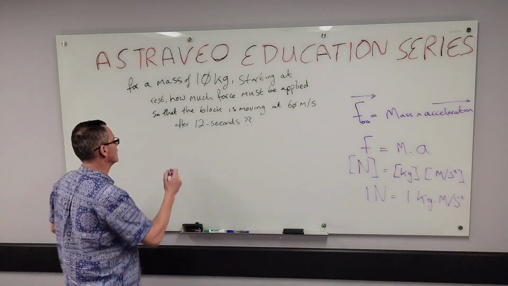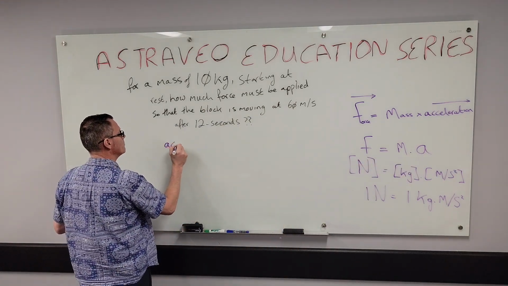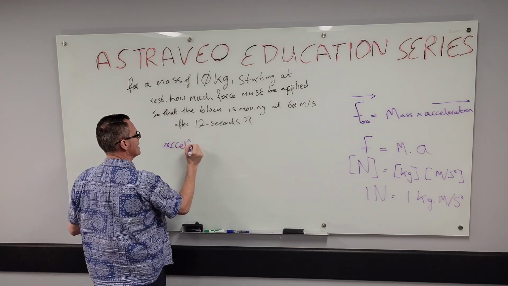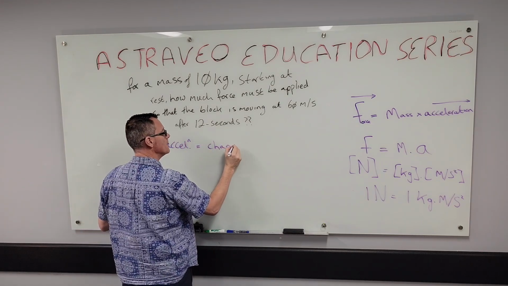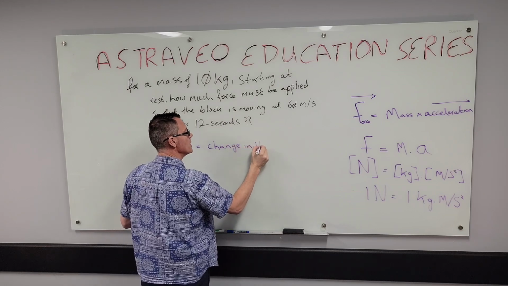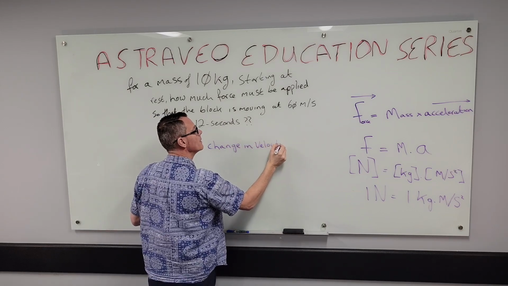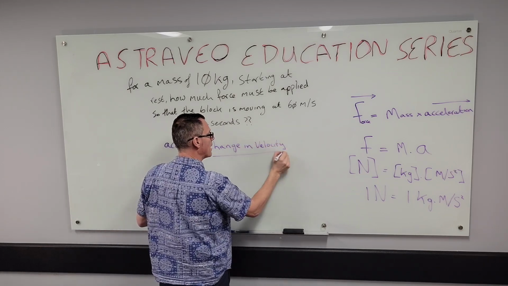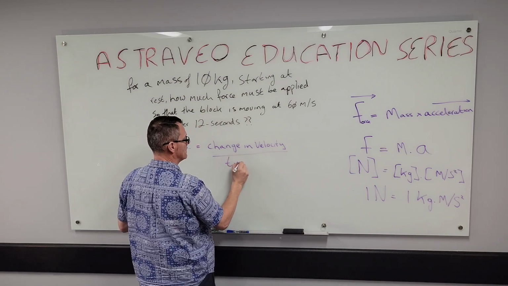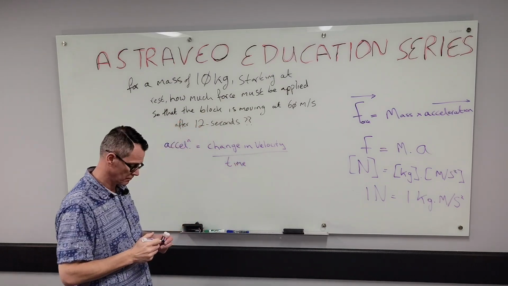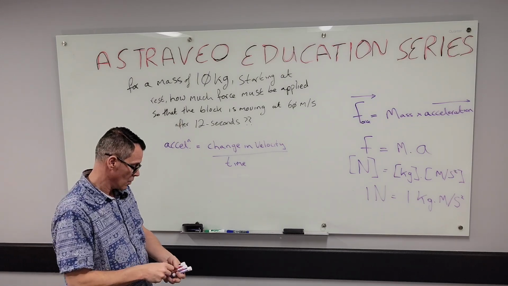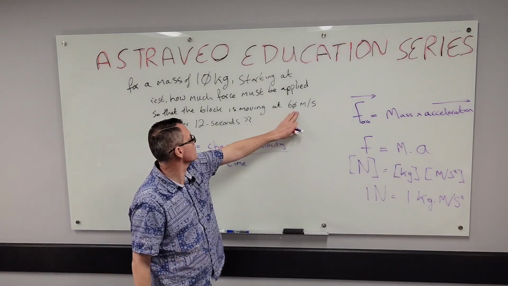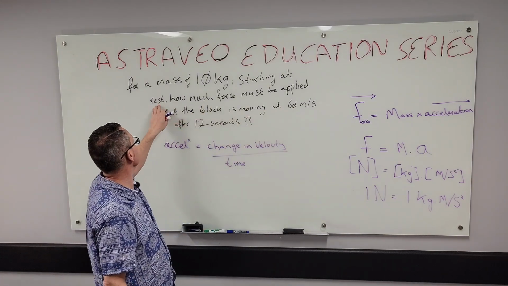So if you remember, acceleration is a change in velocity divided by the time that change is acting. Now it turns out we have a change in velocity. We have a velocity after 12 seconds, and we have a velocity after 0 seconds.